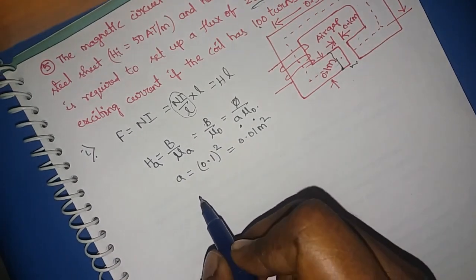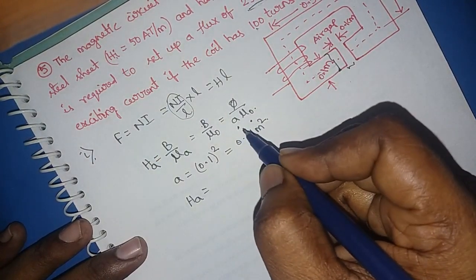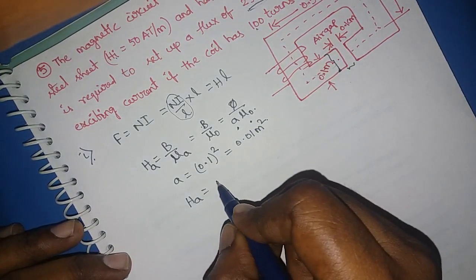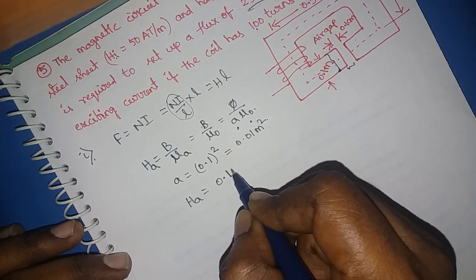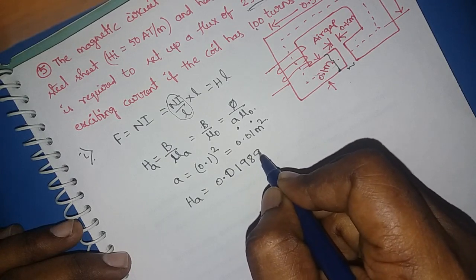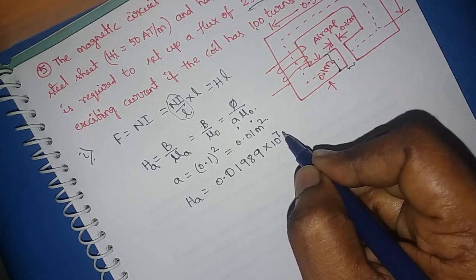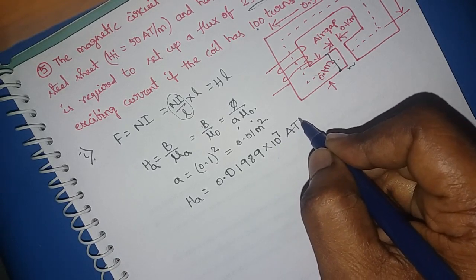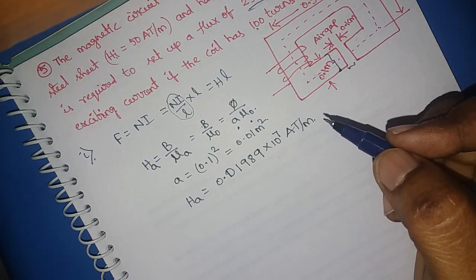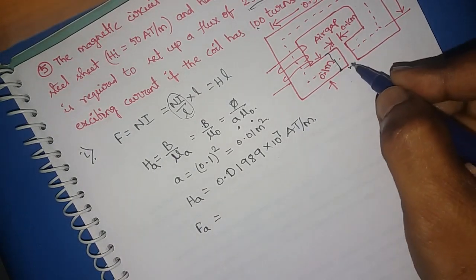Then what is the value of Ha? If you substitute these, you may get the value of Ha as 0.10199 into 10 power 7 ampere turns per meter. So then what is Fa, the MMF of the air gap?